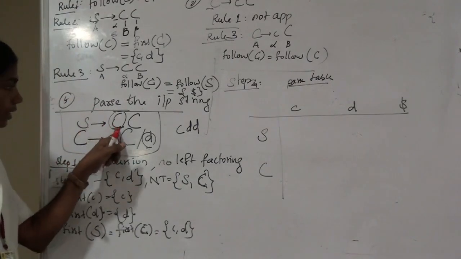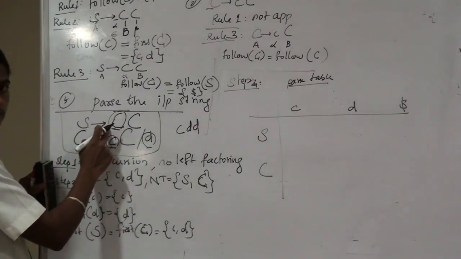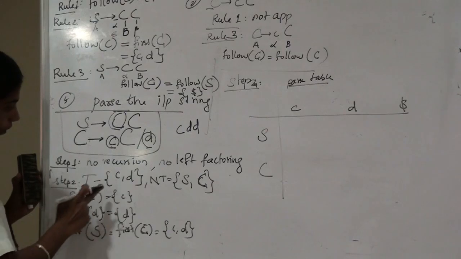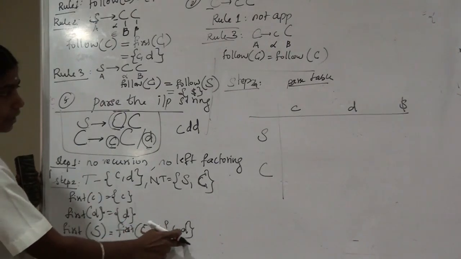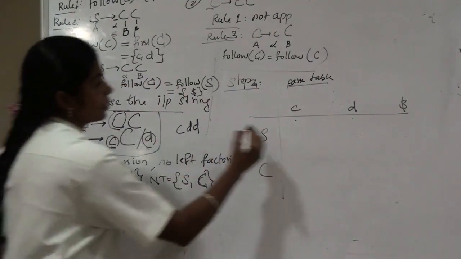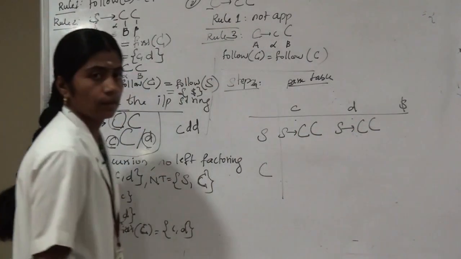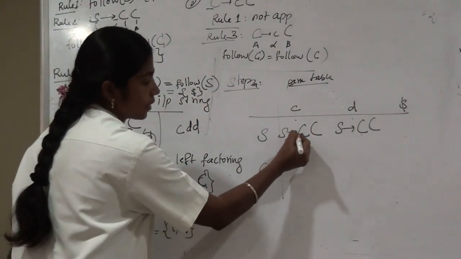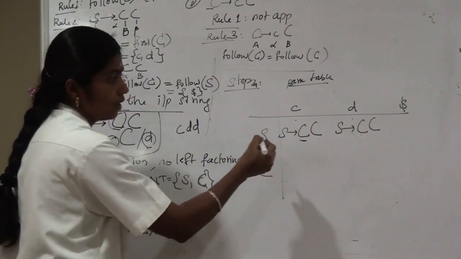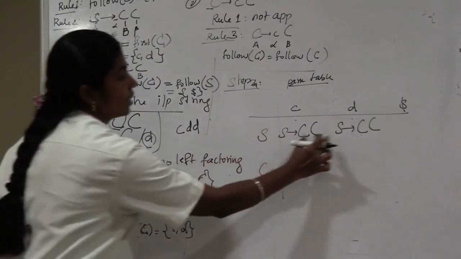S derives capital C, C. So when I have capital C here, I have to compute the first of this capital C. First of capital C is C comma D. So in place of this small c and small d, you have to place the production S derives capital C, C. Can you understand how we have done this? S derives capital C. So in the first place of S, you have capital C. For that capital C, we have found the first position. In that first position, you have placed the productions.